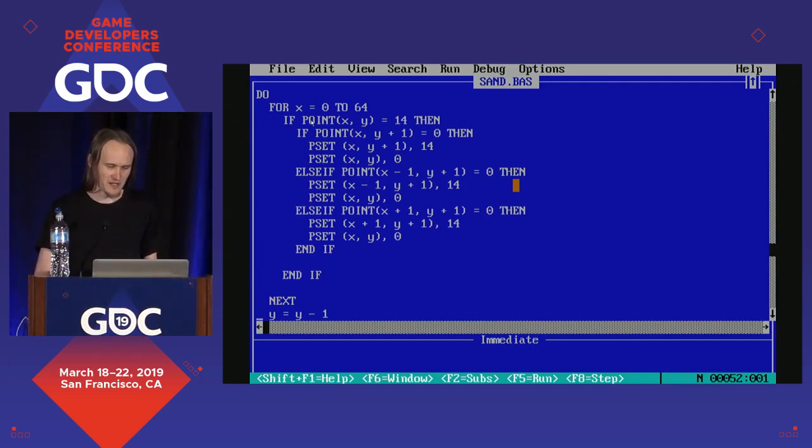What's happening here is it's testing that if there's a sand pixel here, it's looking at the line below it. If that's empty, then move down. And if that's occupied, it looks to the down left and to the down right, and it moves in that direction. And with that, you essentially get this, which is a rudimentary sand simulation. And this is like 95% of our tech.